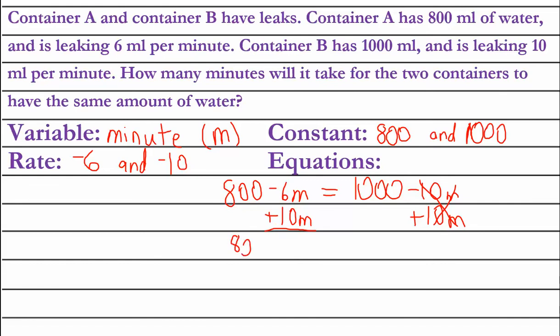So we're left with 800 plus 4m equals 1,000. And now we're going to subtract 800 on both sides.